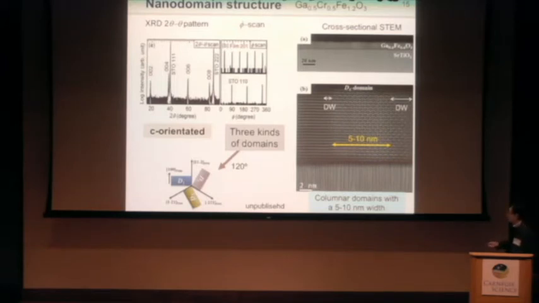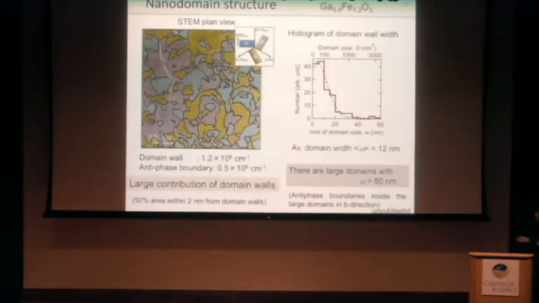In this system you can see three kinds of domains on the STO111 face. And this is a plan view of the thin film domains, where we can observe the three kinds of domains with these directions. The average domain width is 12 nanometers.